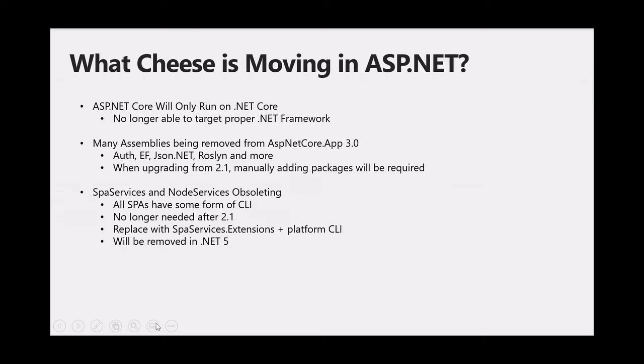So another big thing is that starting in 2.2, or it might even have been in 2.1 of .NET Core, ASP.NET Core especially, we started to see the .NET team remove a lot of dependencies out of the meta packages. The meta packages being ASP.NET Core.app. Right? So ASP.NET Core app is a meta package that basically includes a lot of dependencies to other packages. So if you're familiar with what that package store has, you'd have things like auth and Entity Framework and all these things built into it. That's no longer going to be the case going forward.